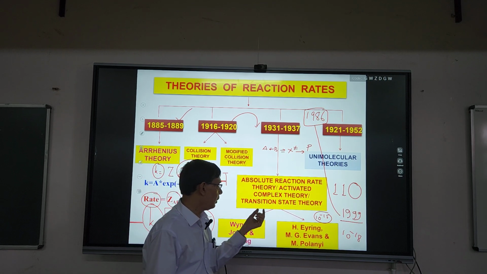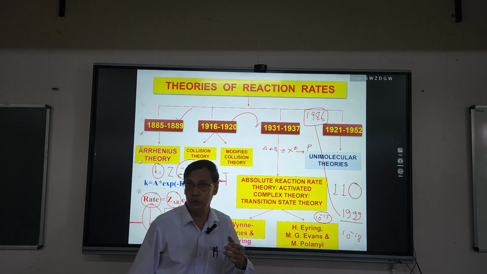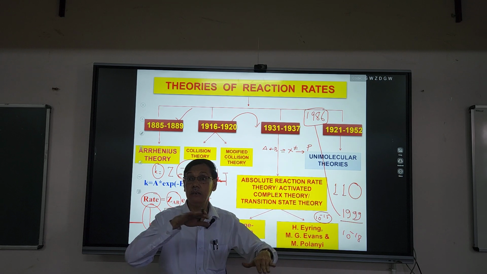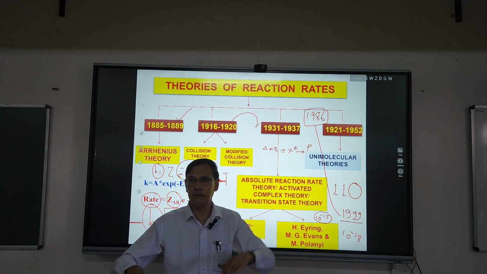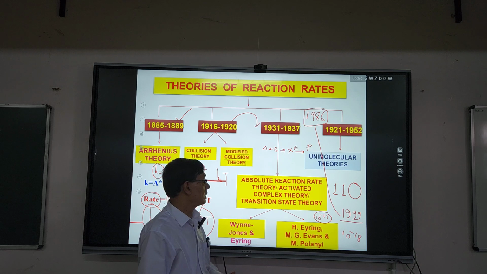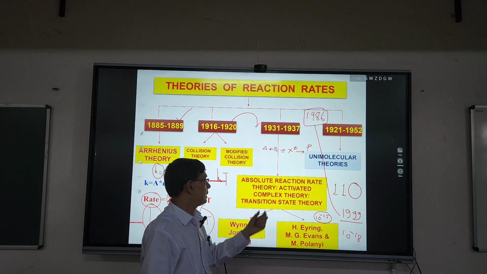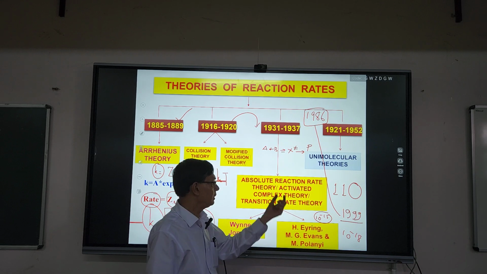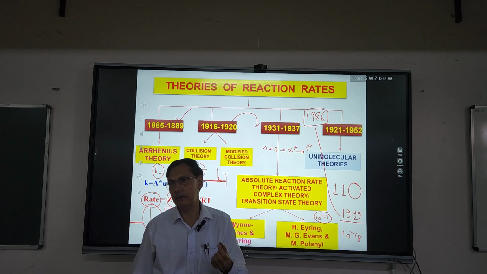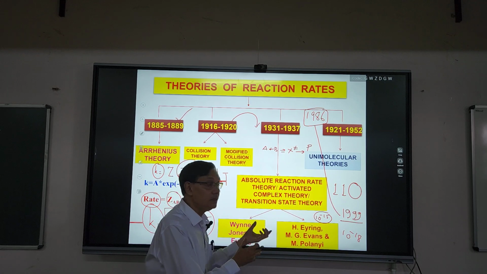That means you can call it transition state theory, because in between reactants and product there must be some transition state. In between reactants and product there must be some activated complex. So sometimes it is called transition state theory, sometimes activated complex theory, but the most appropriate name is transition state theory.